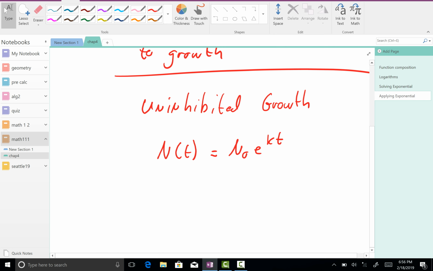Okay, so n sub 0 is the initial value, just like with an ordinary exponential equation. The a value is always the initial value here. E is just E, and in kt, t is time, but k is some sort of a rate.